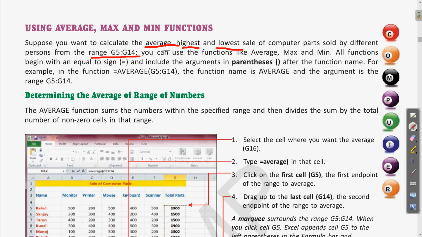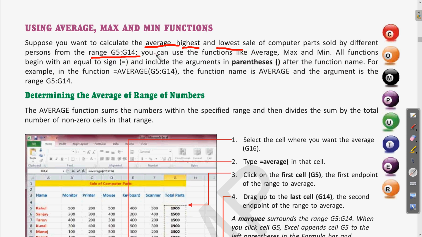In the previous class also we saw that in Excel, whenever we use the range feature, the range is denoted with a colon in between, with the beginning address and the ending address. You can use functions like average, max and min.